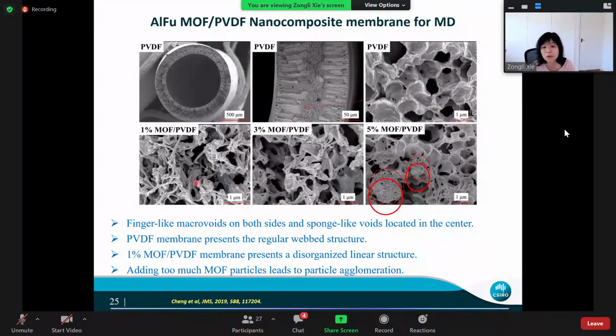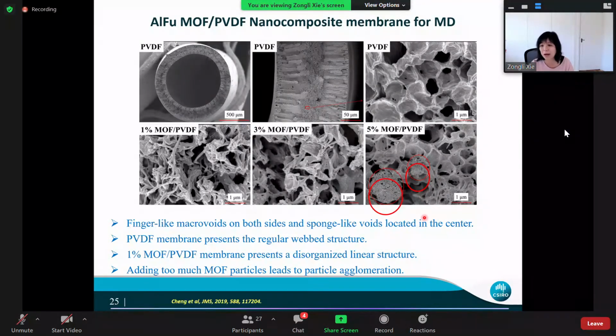At a low loading of the morph, we don't observe any morph agglomeration, so it indicates a very good distribution inside the PVDF polymer matrix. But when we increase the morph loading to a high level, like 5%, it's very easy to observe a number of areas where we can see morph agglomeration.